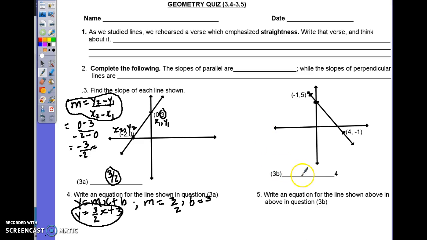I'm going to have to find the slope for this one. Let me write it over here. Slope for this one is going to be given by y2 minus y1 over x2 minus x1.